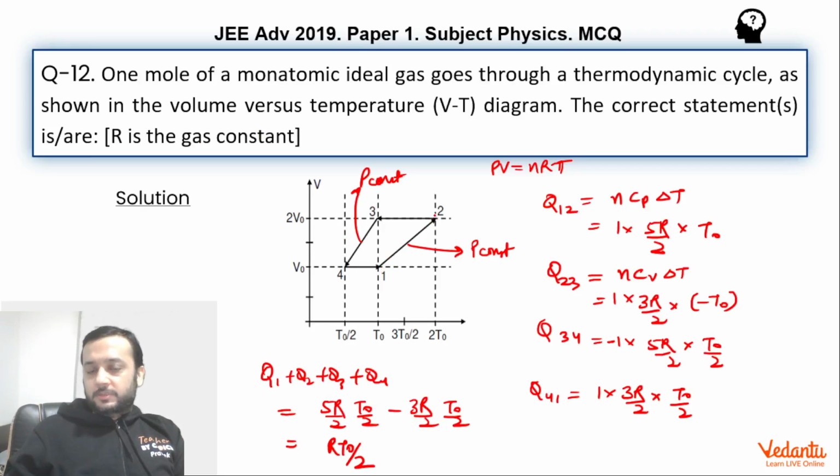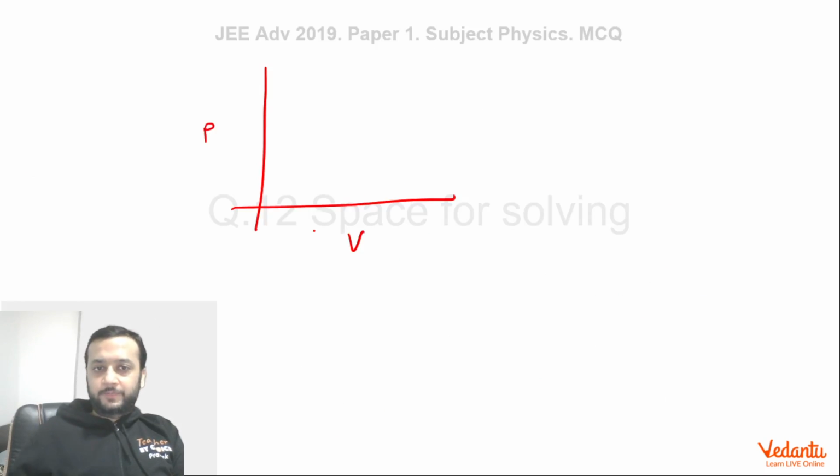The temperature was doubled isobarically. So if you double the temperature isobarically, then it's obvious that volume will also be doubled. That means from 1 to 2, this would have been the thing. Let's say the pressure was P naught at point 1. This volume will be V naught, and this volume will be 2V naught.